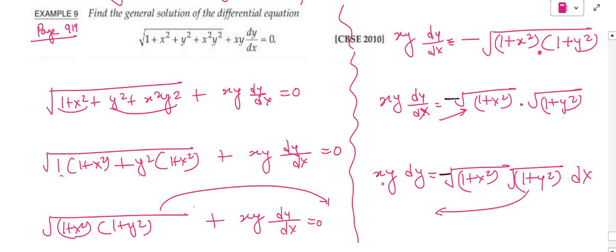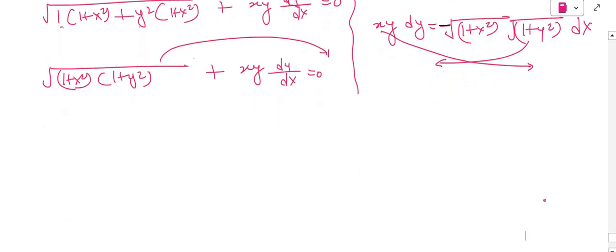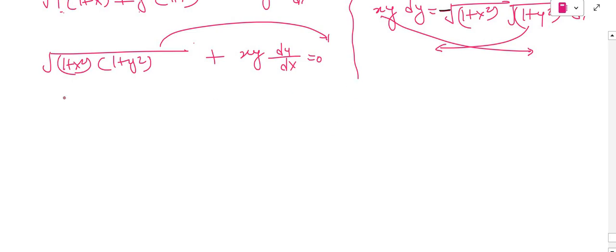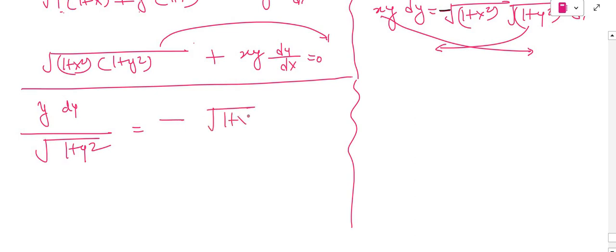This term I am bringing here, and this x I am bringing here to keep it with the dx. Okay, I hope you understood. So it will be y dy divided by 1 plus y square equals minus root of 1 plus x square by x dx.